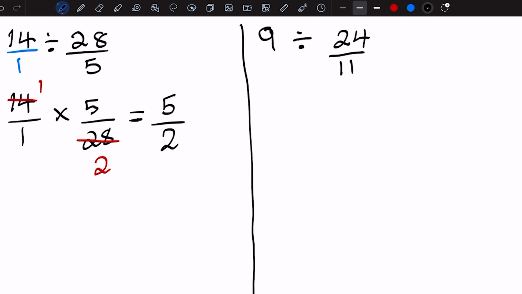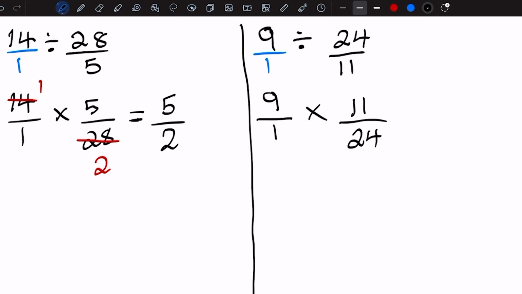Remember, the first thing we do is change this whole number into a fraction by putting it over 1. Then write back our first fraction over 1, change the division sign to multiplication, then find the reciprocal. So that is us right there.